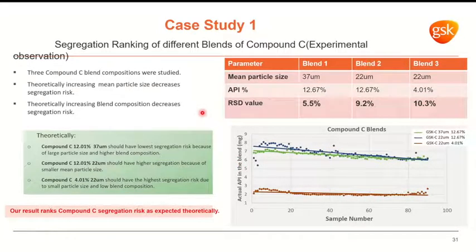So again, what we were theoretically expecting, we confirmed through the experiment, and these were very good results and very happy news for us. And we recommended to the team to use blend 1 as their preferred blend composition in order to make the final pharmaceutical blend.